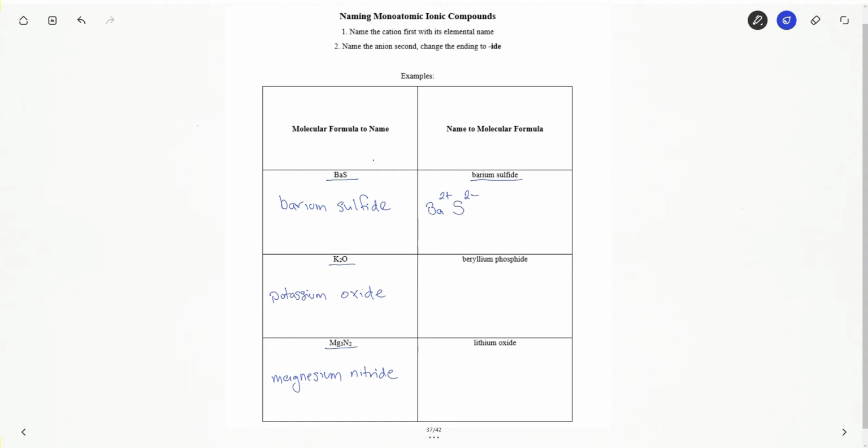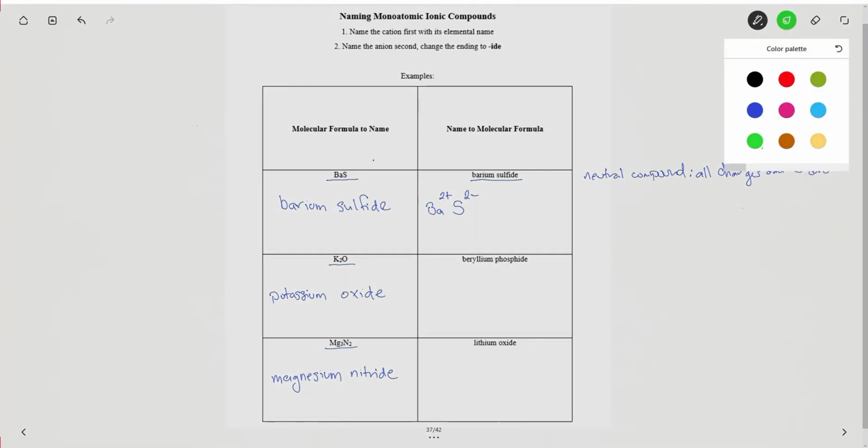Now my goal here is to form a neutral compound. A neutral compound is a compound where all of our charges add to give us 0. So I'm going to switch to my green.